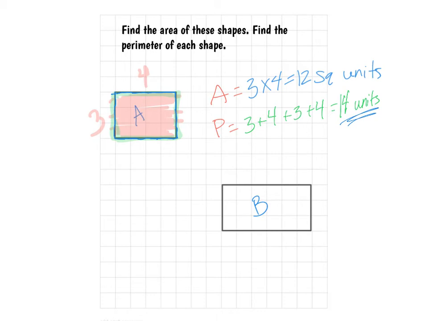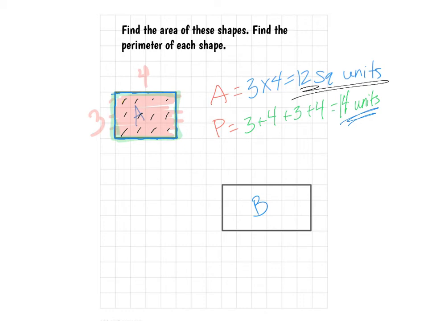And I can double check my area to see how many squares I have on the inside. So I have 1, 2, 3, 4, 5, 6, 7, 8, 9, 10, 11, 12. I have 12 squares on the inside.